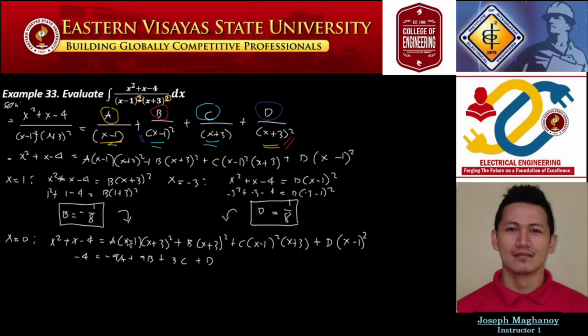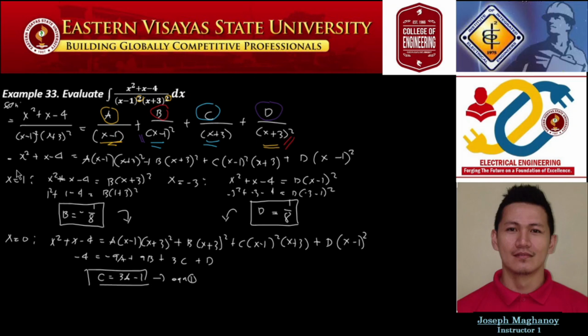But we have a value already for our b and d. Okay, so our equation, we can determine our c here. So we can say that our c is equal to 3a minus 1. So let's assume this as your equation 1.